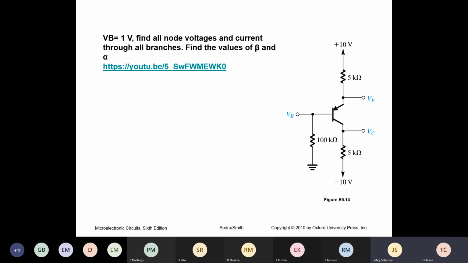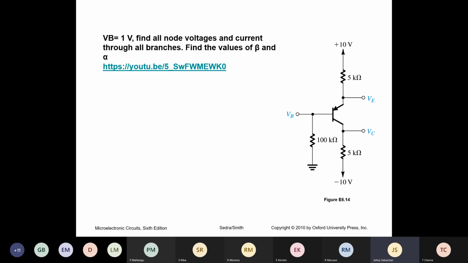It's 1.7, sir. Am I right? 1.7. Voltage at the base is 1 volt.